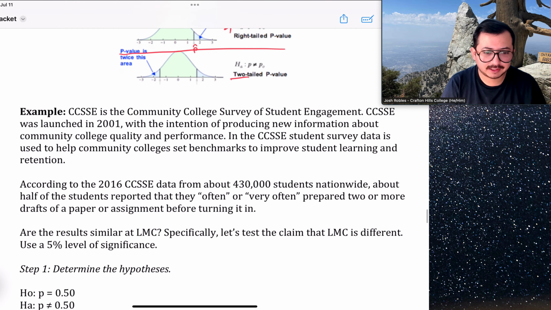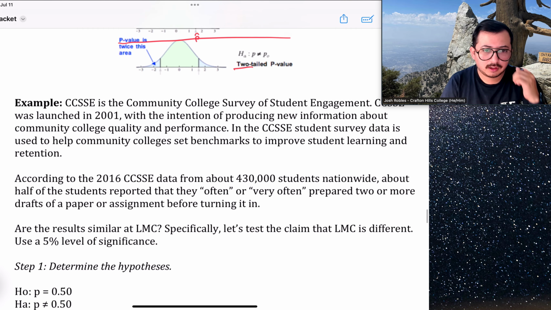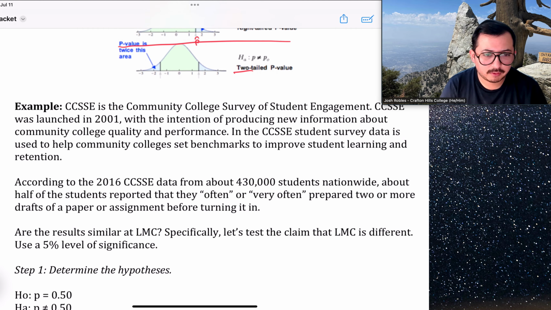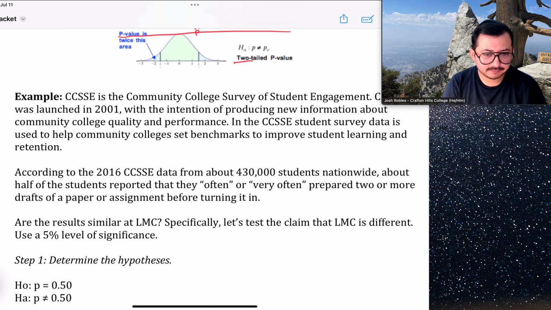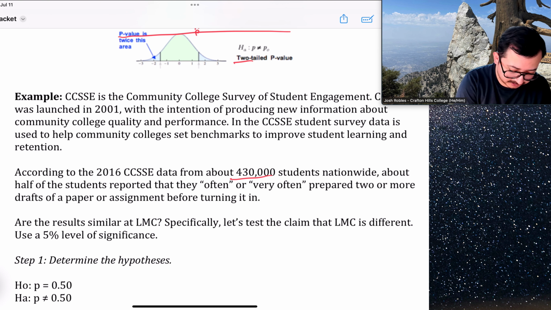Okay, so how does this look like in practice? There are different surveys that go out to students. So there's this one here, apparently launched in 2001. So in the 2016 version, lots of students surveyed. Half said, so 50%, right?